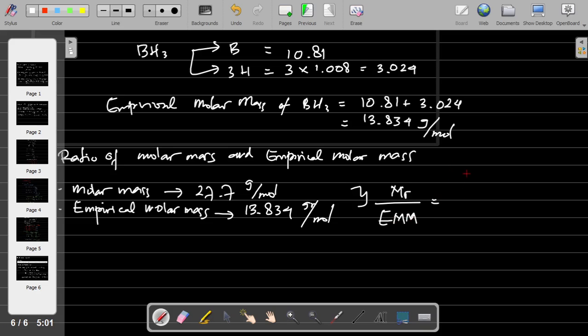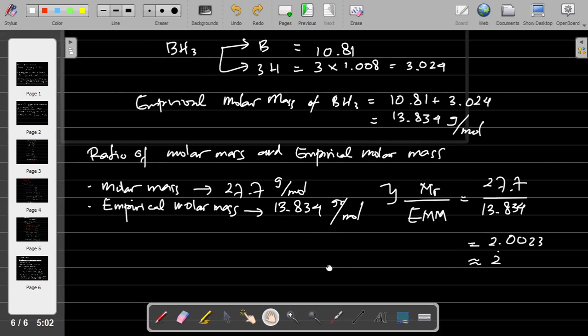So 27.7 divided by 13.834, the value is 2.0023, or we can say just 2. This is the number that we are going to multiply with the empirical formula.